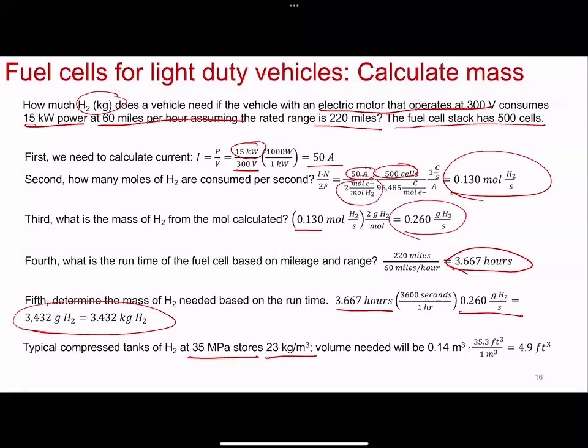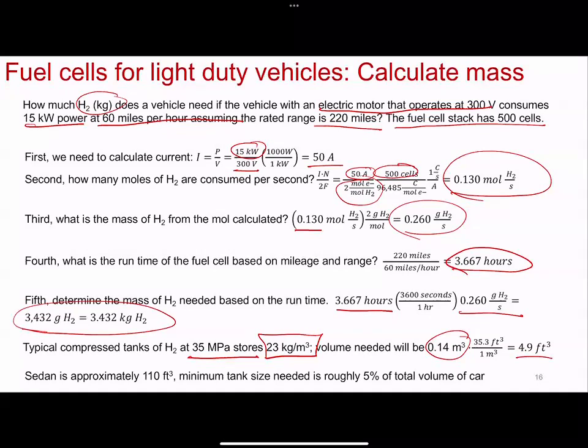There are conversion tables; you just Google compressed hydrogen, how much can I store? At 35 megapascal, you can store 23 kilograms per cubic meter. So that means you'll need 0.14 cubic meters, or convert it to cubic feet.